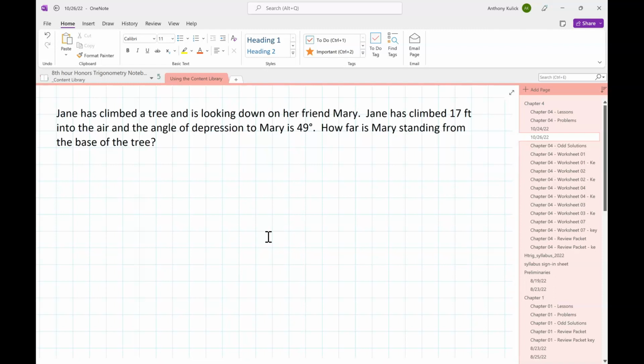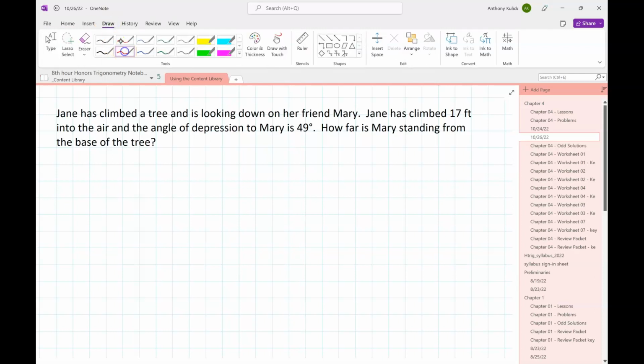Jane has climbed 17 feet into the air, and the angle of depression to Mary is 49 degrees. How far is Mary standing from the base of the tree? All right, we'll draw our picture. Here's Mary. Here's Jane up in that tree. So again, we'll call this x. It says Jane is 17 feet up there. We have an angle of depression of 49 degrees. Where's the 49 go?